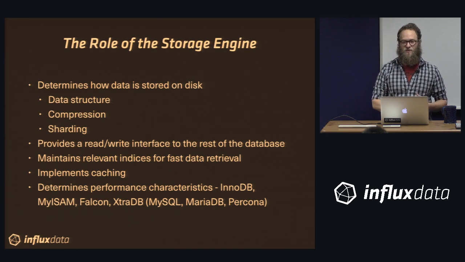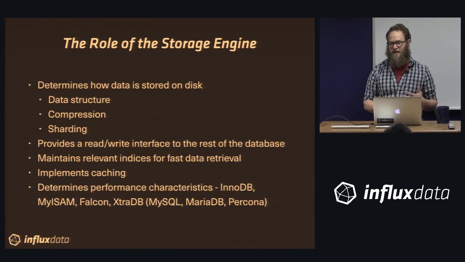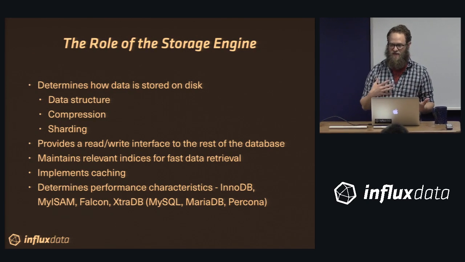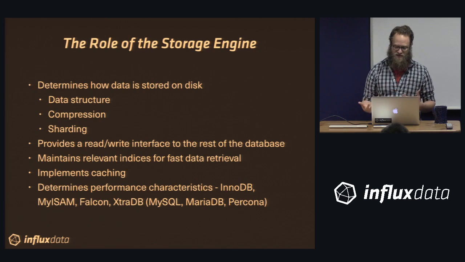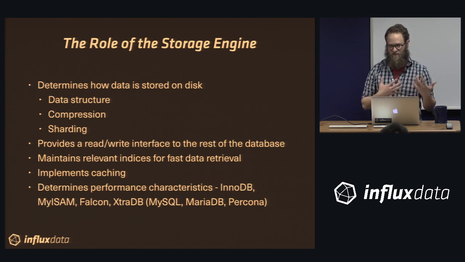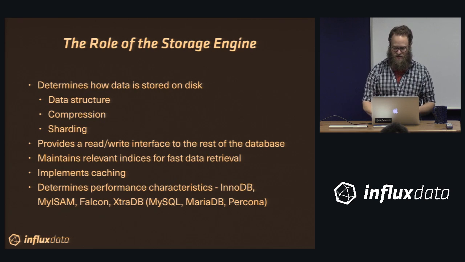These are all different storage engines that work inside of MySQL and its variant databases. Each is designed to have different read-write characteristics and be better at certain use cases. Each still gives you the same functionality inside of MySQL as a relational database, but they're designed for different things and have different compression characteristics.